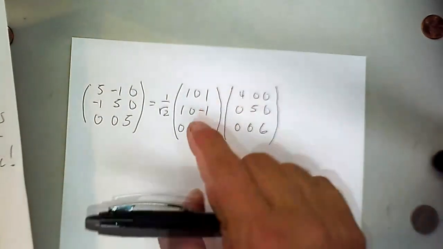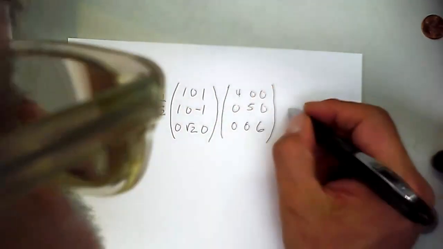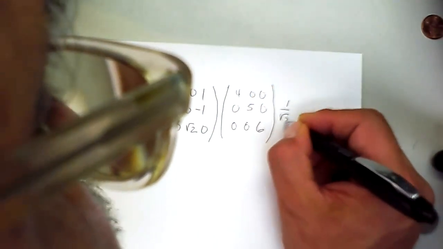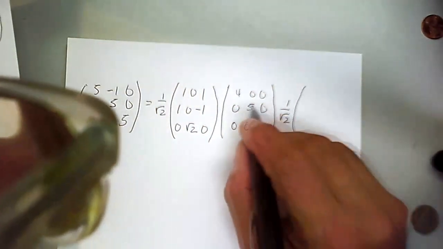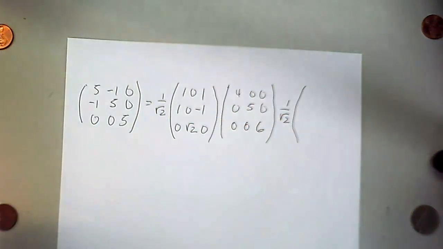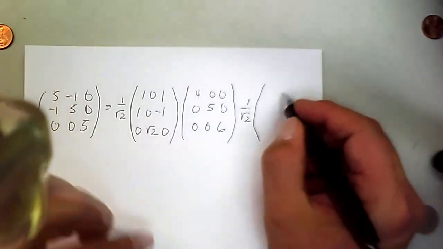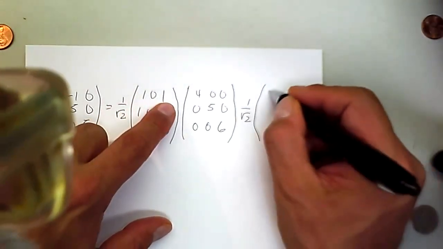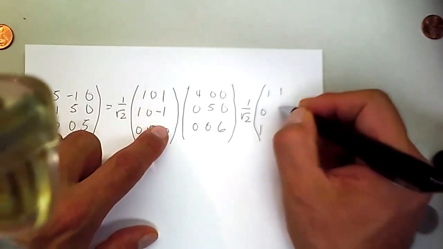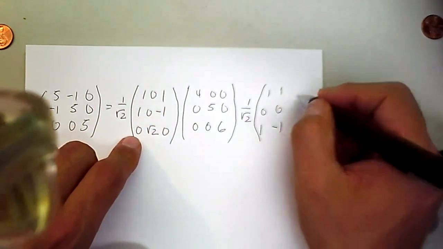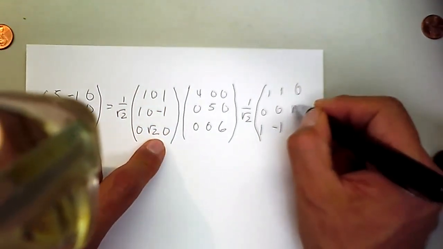And then we have the inverse of this matrix, which is 1 over the square root of 2 times this guy, but transposed. So this row becomes a column, 1, 0, 1, 1, 0, -1, 0, square root of 2, 0.